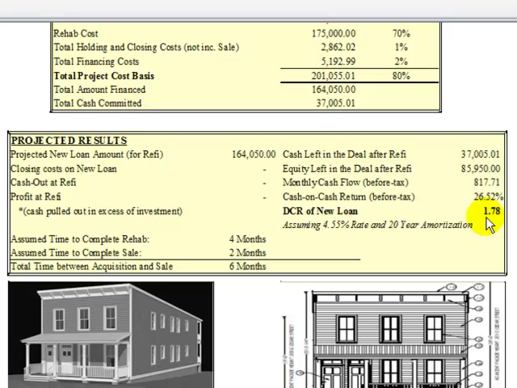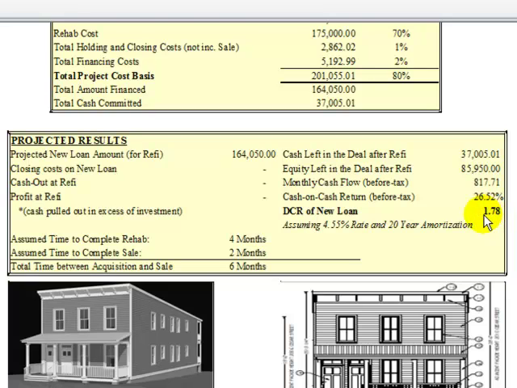Debt coverage ratio simply shows my lender how well my income from my property can cover the mortgage payment. So debt coverage ratio of 1.78 basically shows that I'm collecting 178% of the mortgage payment and my expenses that are due, right? Very, very roughly.